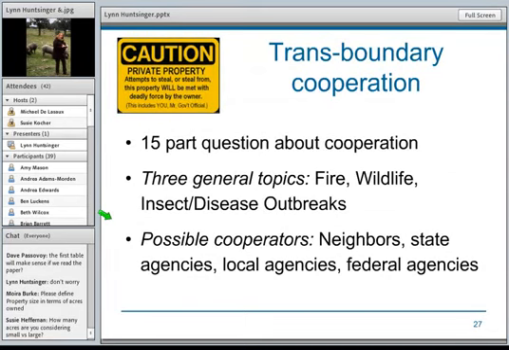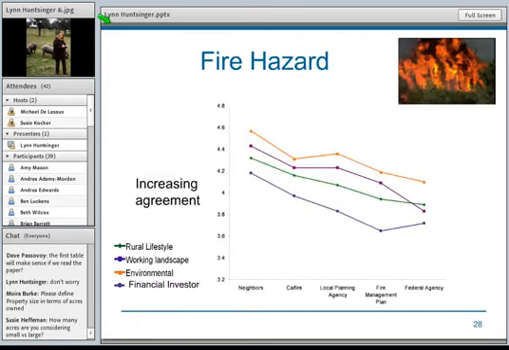So we had a 15-part question about cooperation. And we asked about three general things: fire hazard management, wildlife management, and insect and disease outbreak management of plants, not people. And we considered some possible cooperators: neighbors, state agencies, local agencies, and federal agencies.